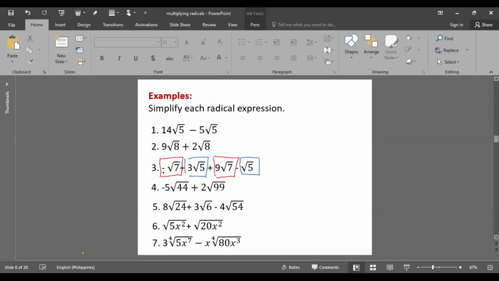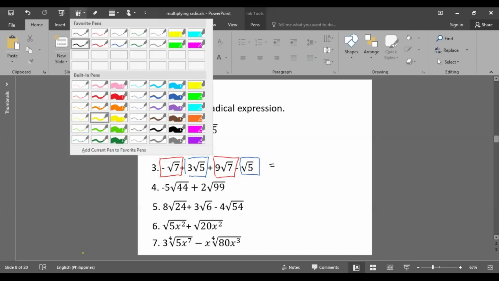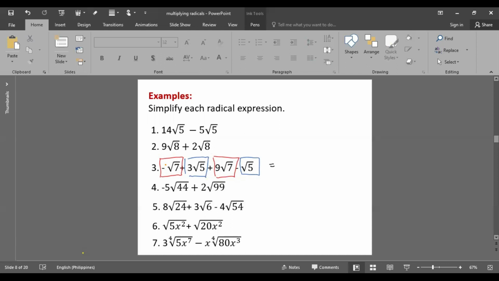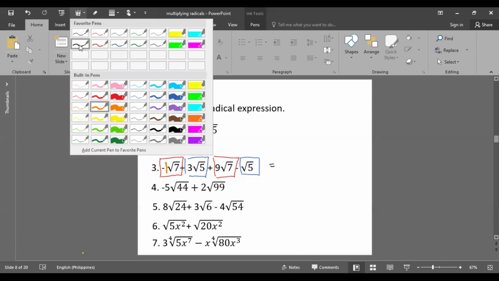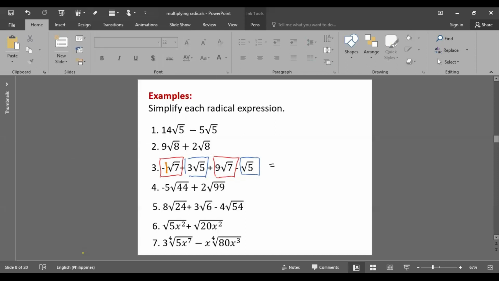So let's do it. Negative the square root of 7 plus 9 the square root of 7, we get what? Take note that this expression has 1 here. So what do you think is the sum of these two terms? Negative 1 the square root of 7 plus 9 the square root of 7, we get 8 the square root of 7, because negative 1 plus 9 is 8.